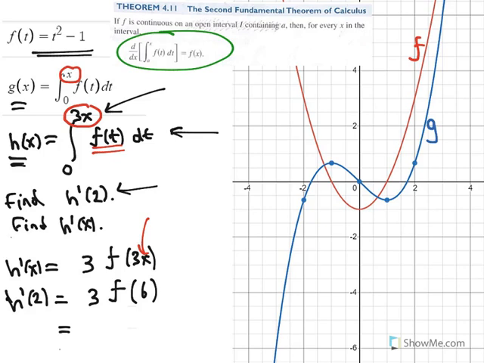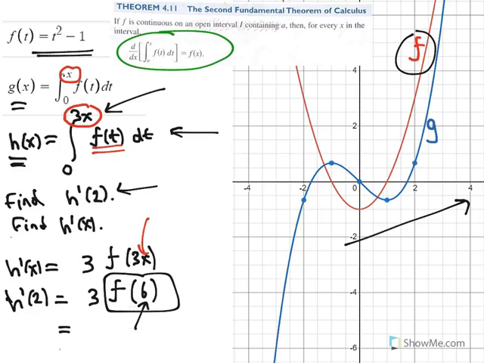And you can find f of 6 by looking at the graph of f and going to t is equal to 6 and finding a point on the graph of f where t is 6 and figuring out what the y-coordinate of that point is. So it's just a matter of finding a point on the graph of f where the input is 6 and figuring out what the output is.